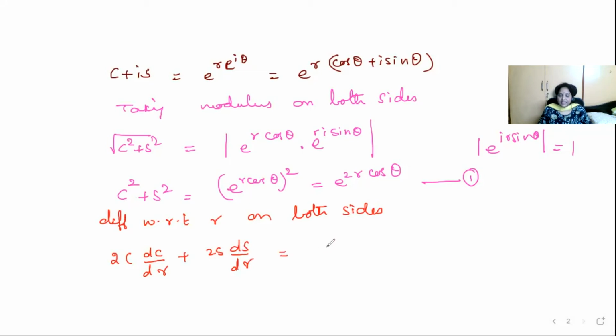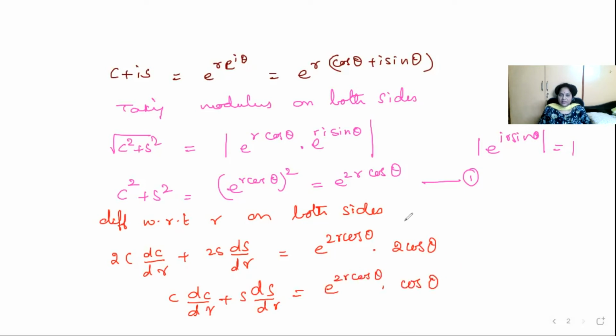On the right hand side, since theta is a constant here and r is varying, we can write e to the power of 2r cos theta into 2 cos theta. So c dc by dr plus s ds by dr: if you remove 2 on both sides, you end up getting e to the power of 2r cos theta into cos theta. But we can also replace this e power 2r cos theta as c square plus s square. So finally the value of this is c square plus s square into cos theta.